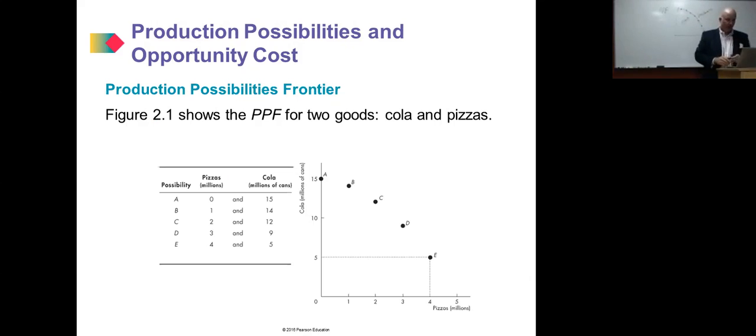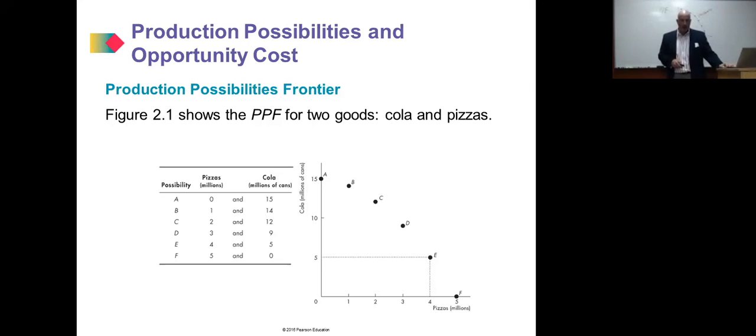Now what we will observe is that any one combination is a possibility. If I make 0 pizzas, how many million cans of cola can I make? 15 million. Good job.